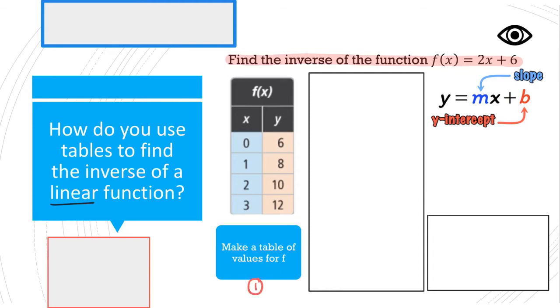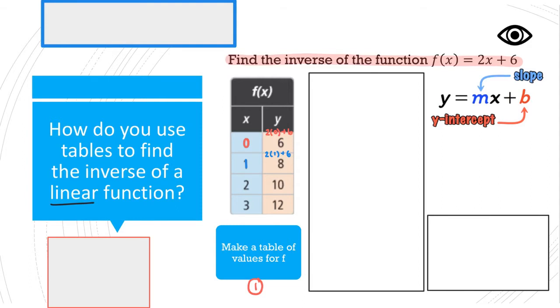I already have this table of values created, but the way that I created it was plugging in values for x. So for instance, if I started with 0 as my value of x, I would have to do 2 times 0 plus 6 to get 6, and that gives me my y value. If I wanted 1 as my x value, I would plug in 1 into the equation, 2 times 1 plus 6, which gives me 8.